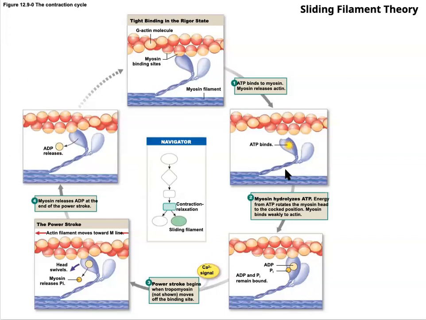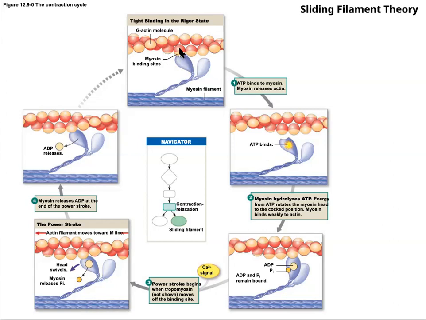And then what follows is, because myosin is a myosin ATPase, it's able to hydrolyze ATP into ADP and inorganic phosphate. Okay. And so the energy coming from ATP hydrolysis allows for the myosin head to rotate and reattach to the actin filament, but now in a different location.